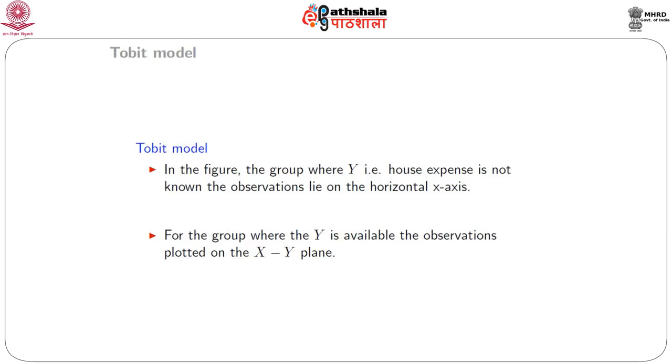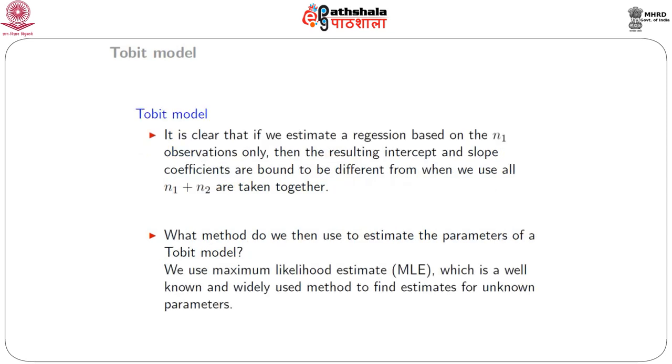Now, from the following figure, we can see that in the group where y is not observed, which contains n2 observations, they will lie on the horizontal axis. They are marked by the x's along the horizontal axis. And if the y is obtained, the observations will lie on the y and x plane.